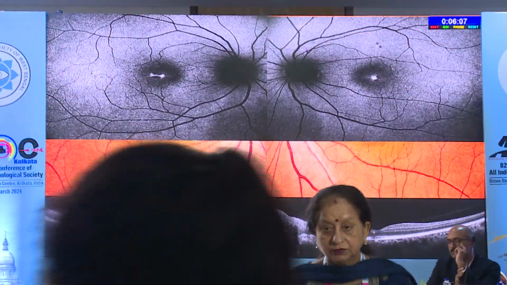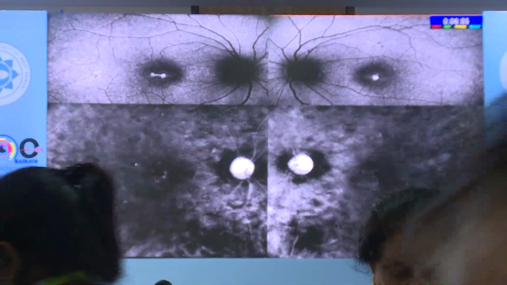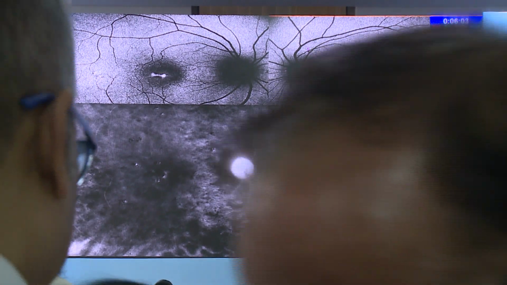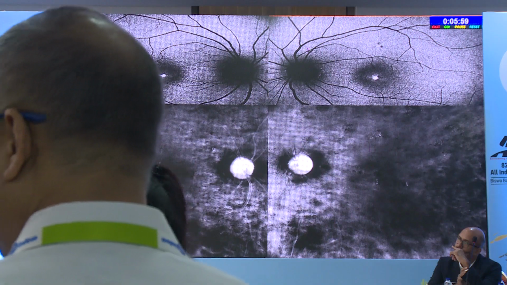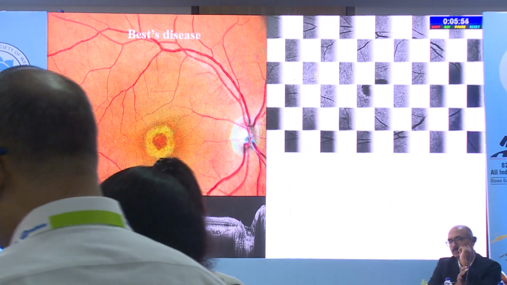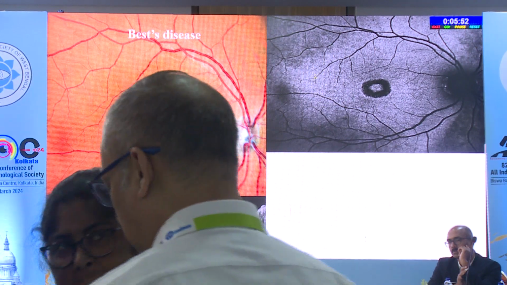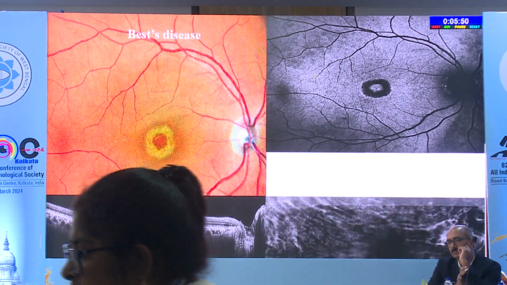The case of pattern dystrophy, in which the FAF is diagnostic, but we can see that the whole of the RPE is diseased beyond the central area and is totally swollen out. A case of Best disease, in which the central part is involved, and FAF shows the classical hyper and hypoautofluorescence.